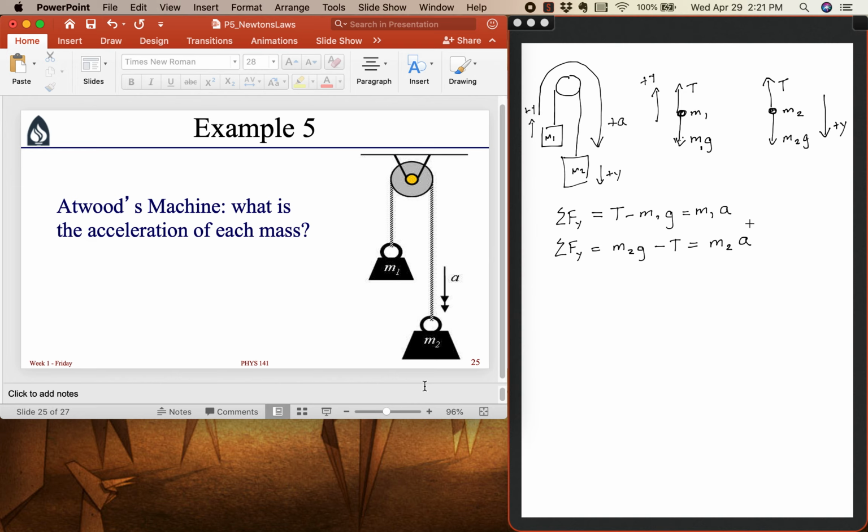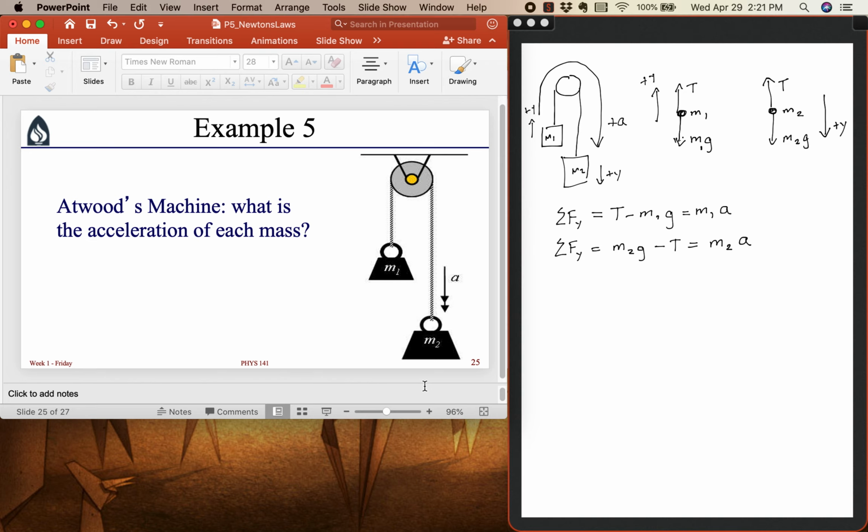acceleration. And now, since I've defined the positive direction to be the direction of acceleration, these two accelerations will be exactly the same. So the final step then is to solve for that acceleration. I want to know what is going to be this common acceleration.